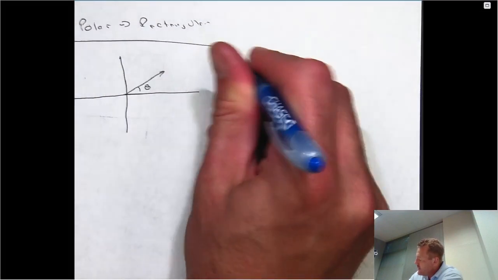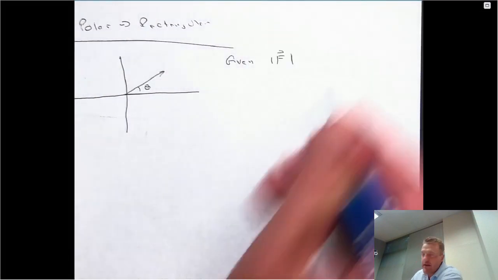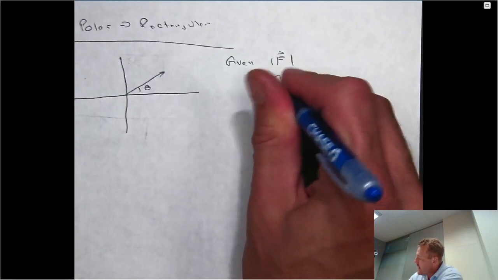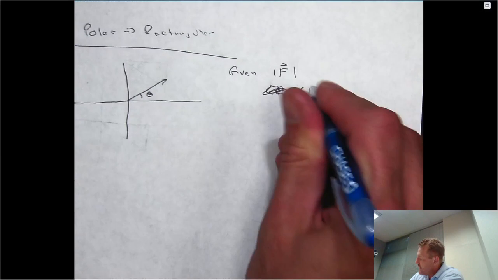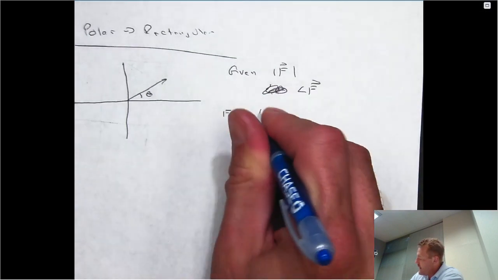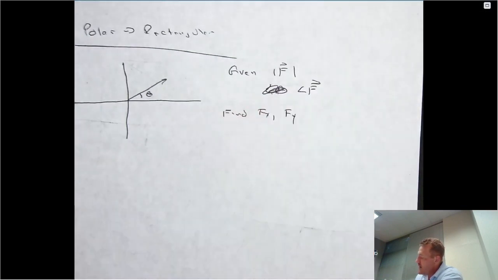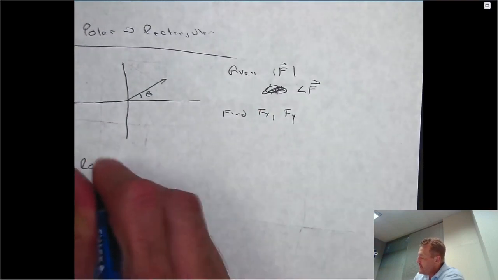So we were given the magnitude of the vector, and I'm just going to call it F, of course, because we're generally going to be working with force vectors, and the angle of that vector, and we want to find Fx and Fy. What we're talking about here is the problem in the opposite direction.